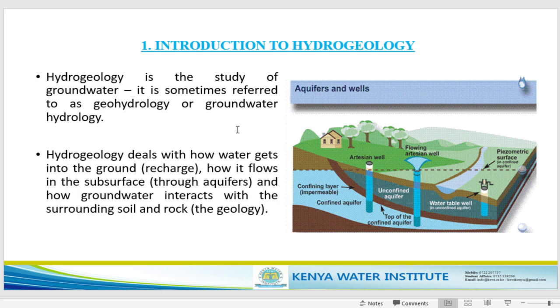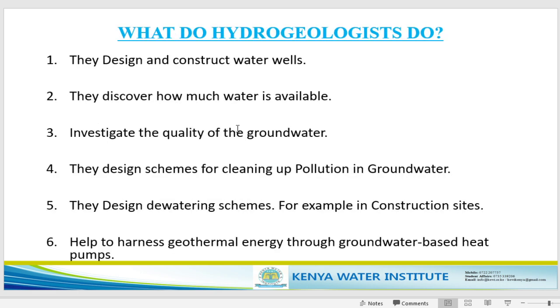That's what hydrogeology is. Now, what do hydrogeologists do? Hydrogeologists do several tasks, and I will just mention a few. Number one, they design and construct water wells.